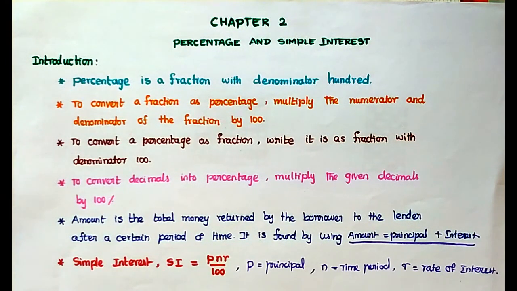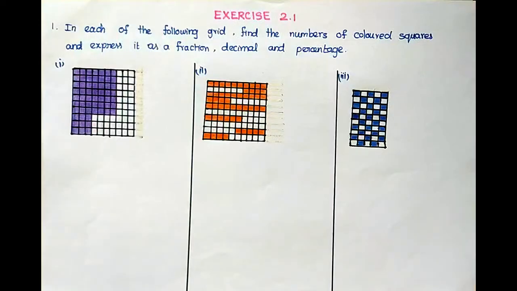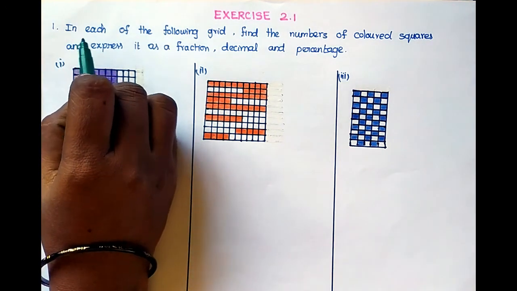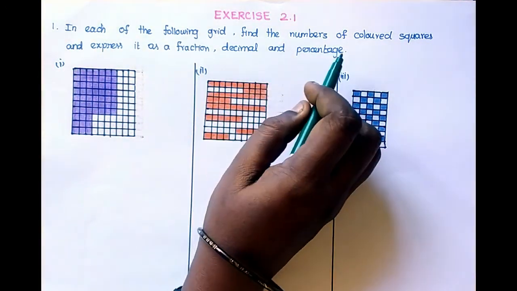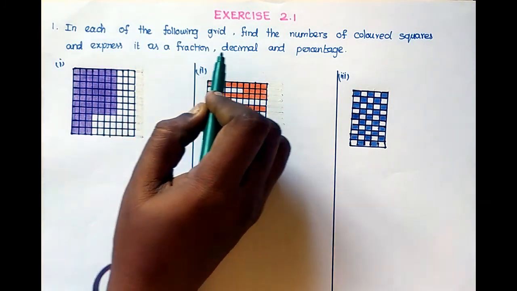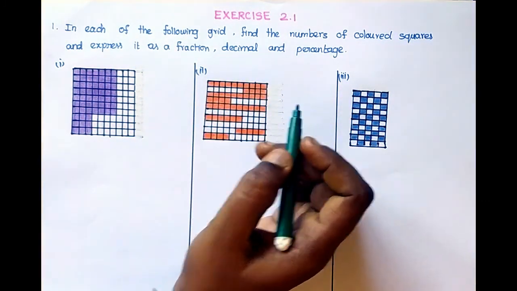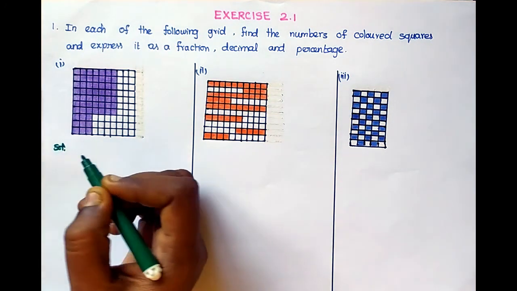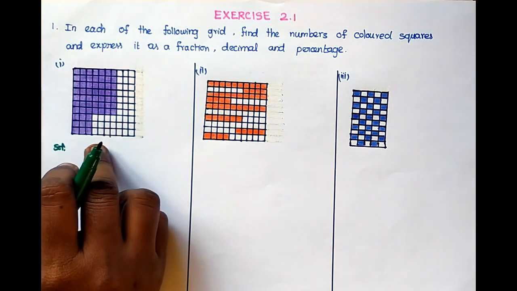Let me see now the exercise problems. Exercise 2.1, first question. In each of the following grids, find the number of colored squares and express it as a fraction, decimal and percentage. Listen. First one, see this figure.